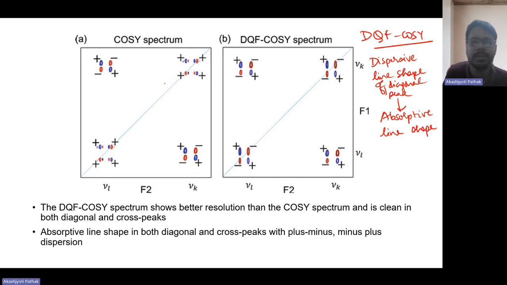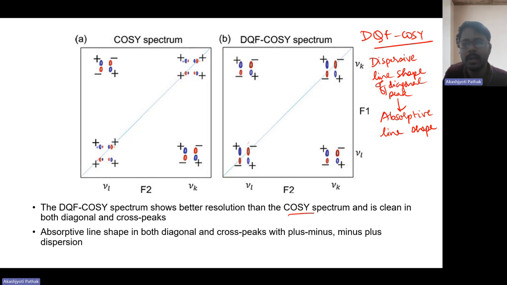That gives us better resolution. So here you see, compared to a COSY spectrum, a DQF COSY spectrum will have the cross peaks absorptive, and the diagonal peaks are also absorptive. So the DQF COSY spectrum shows better resolution than the COSY spectrum.